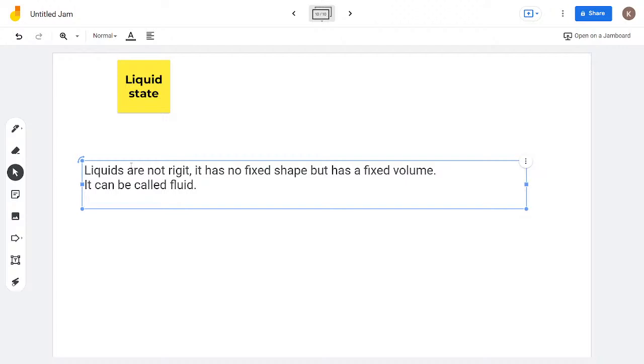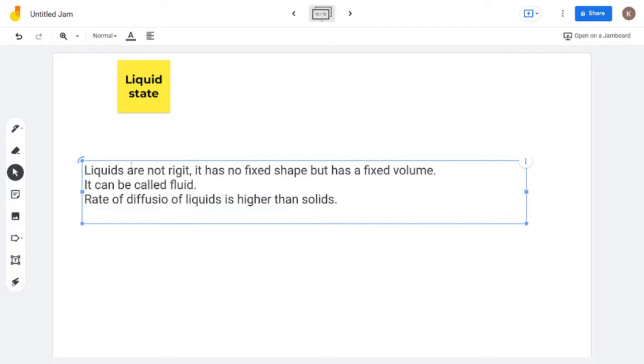The rate of diffusion of liquid is higher than solid, and the particles of liquid move freely and have a greater space between each other as compared to the particles of solid.